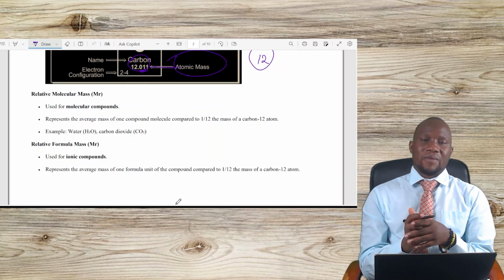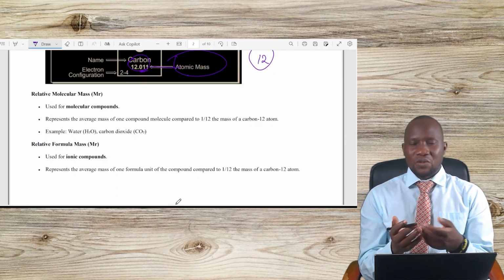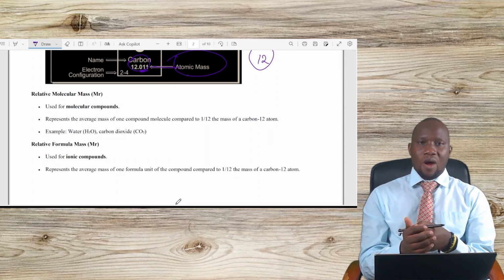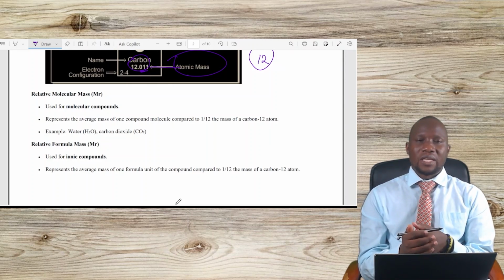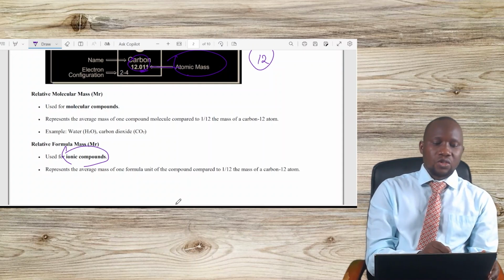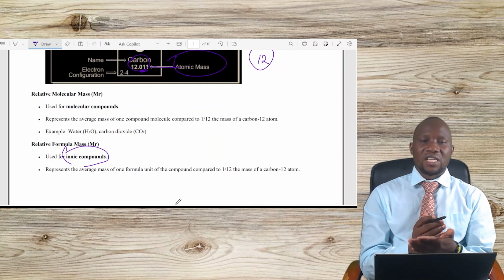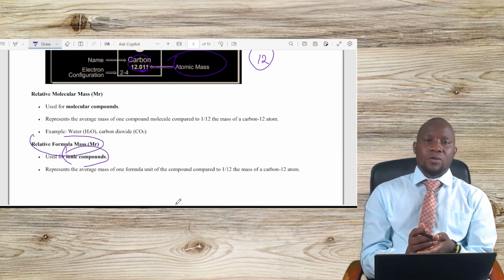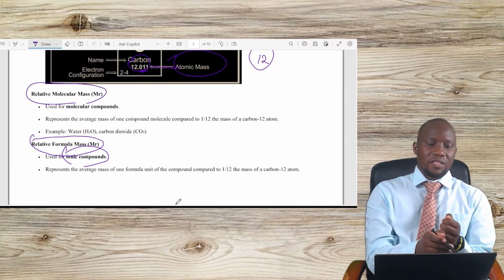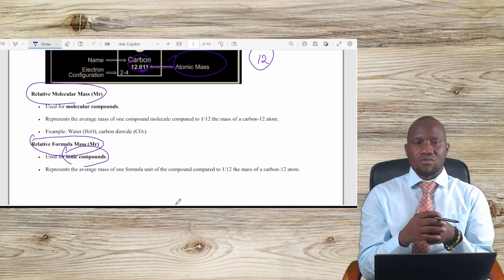But it would perhaps not be okay to say I'm going to calculate the relative molecular mass of sodium chloride. Why? Because sodium chloride does not exist as molecules. It's an ionic compound. So with ionic compounds, we talk about relative formula mass. Often you will see this a lot, but if you see this, don't get confused.